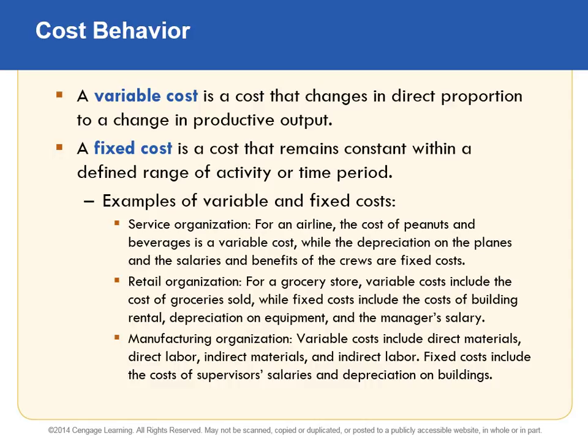How about a school? For example, give me a variable cost and a fixed cost. My salary is a fixed cost as a professor. Regardless of how many people are in the classroom, whether I have 20, 10, or 15, I get the same. You get paid whether we're here or not.